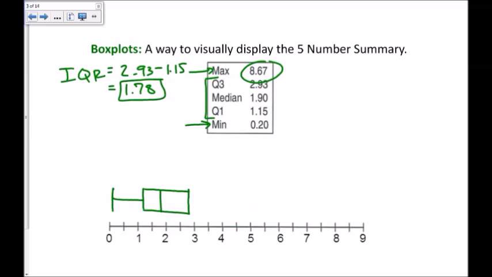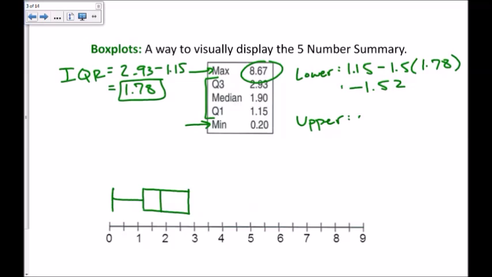So the lower fence is going to be Q1 minus 1.5 times the IQR, which is negative 1.52. And the upper fence is 2.93 plus 1.5 times 1.78, and I get 5.6.